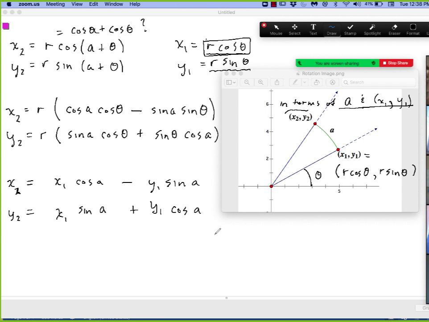Are we making progress? Now we have the x coordinate of the second point in terms of A and x1 and y1. That's exactly what we wanted. The r's went away, and the theta went away, so we didn't need to say what r or theta was.